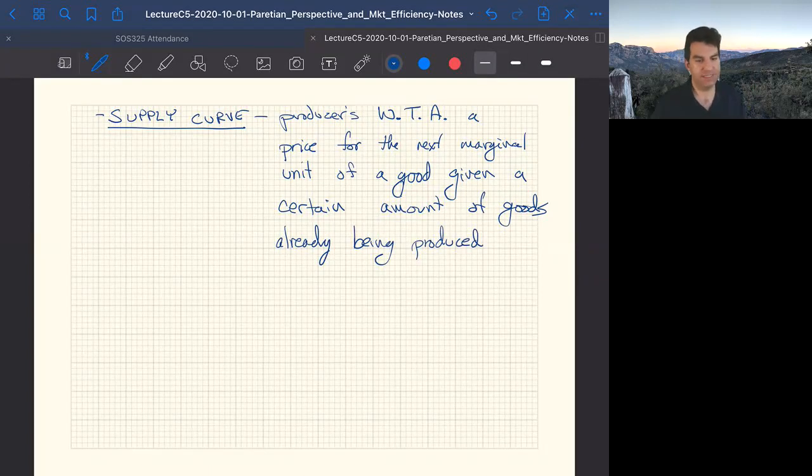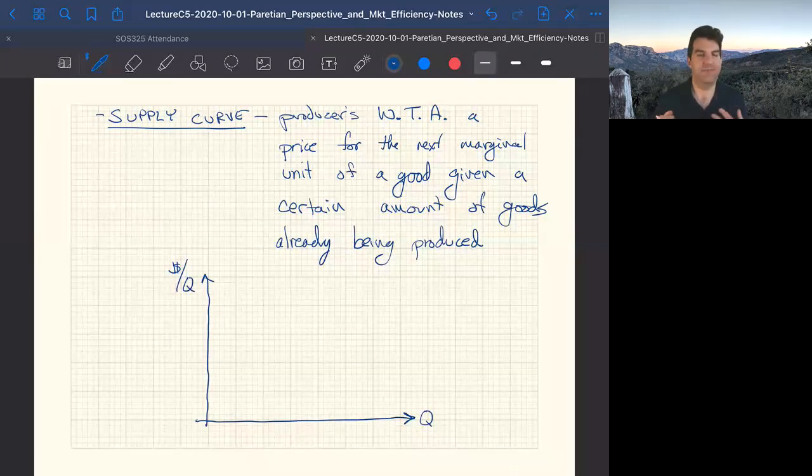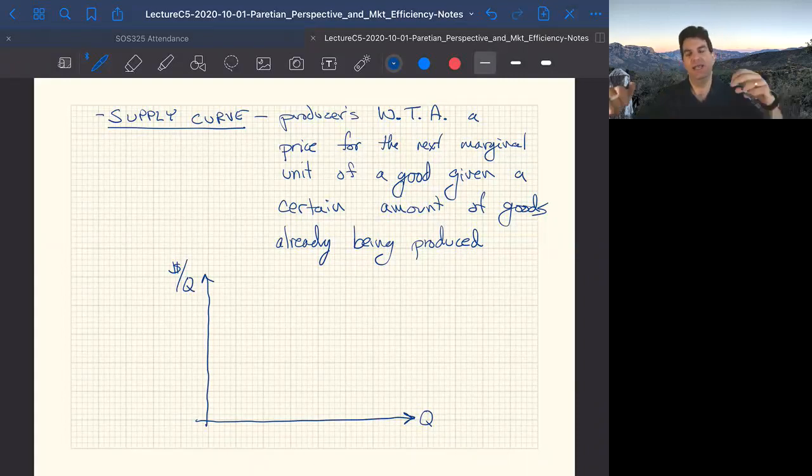And so this is an example where, again, quantity is on the market, and then this is the price that they're willing to accept for that. And generally, if no goods are on the market, their willingness to accept is they'll take anything.